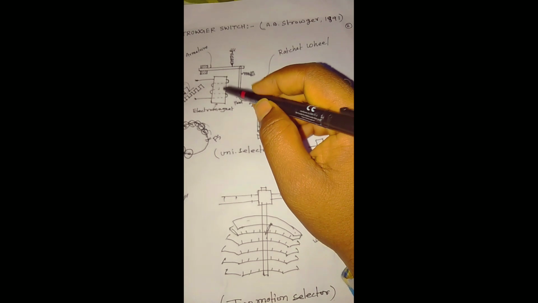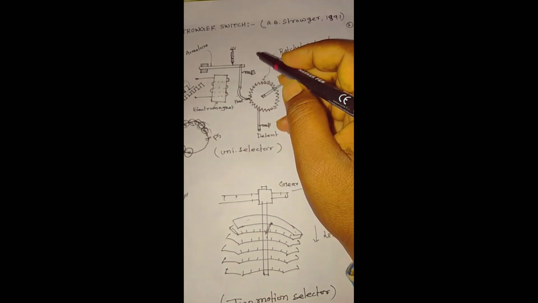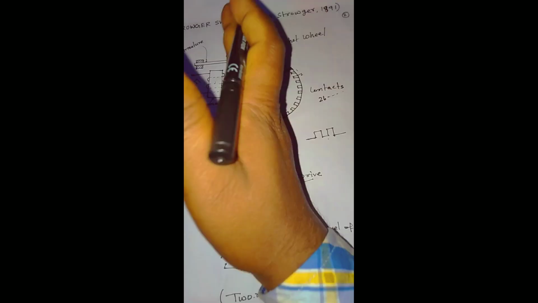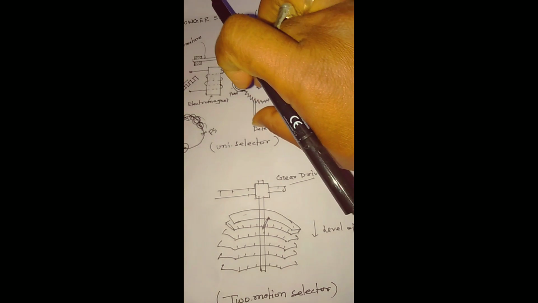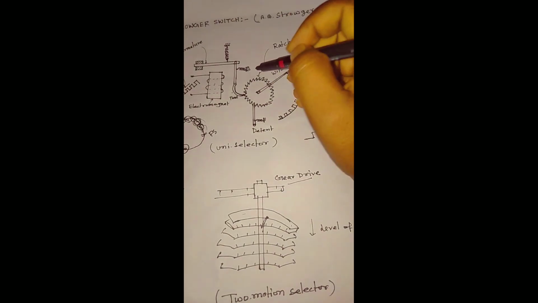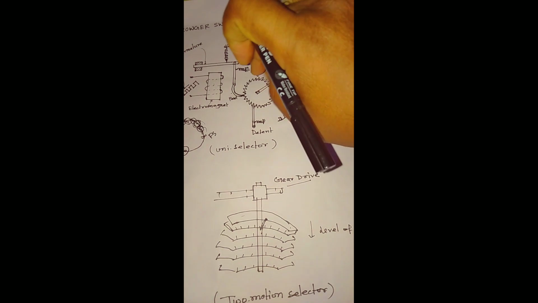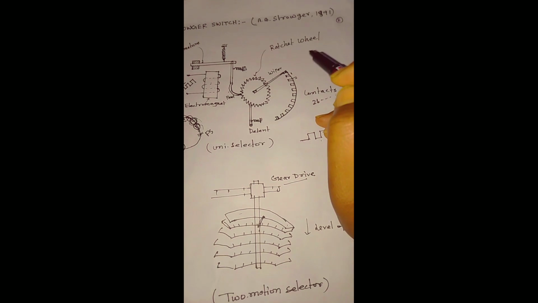Then the electromagnet will lose its energy, and the armature will return to its original position, slightly moving in this direction again. This helps to rotate the ratchet wheel one step clockwise, which means the wiper will come to position 1.